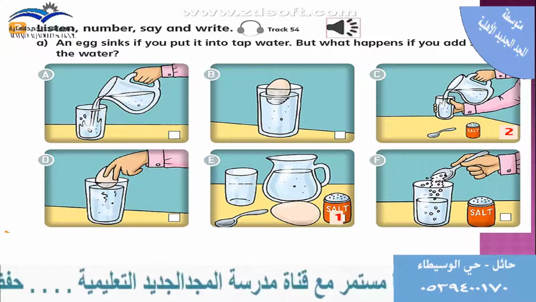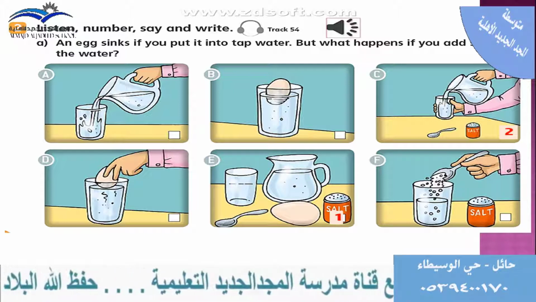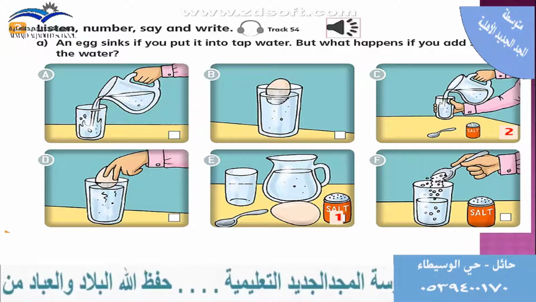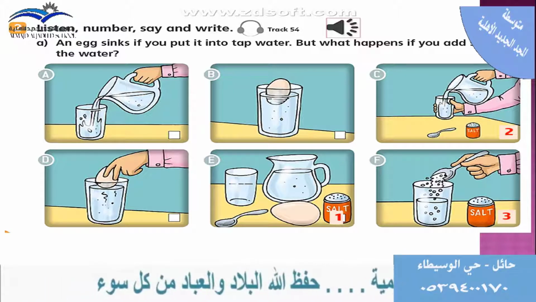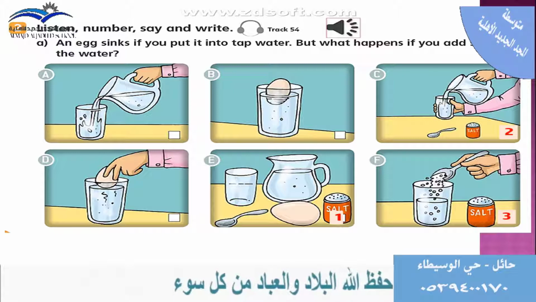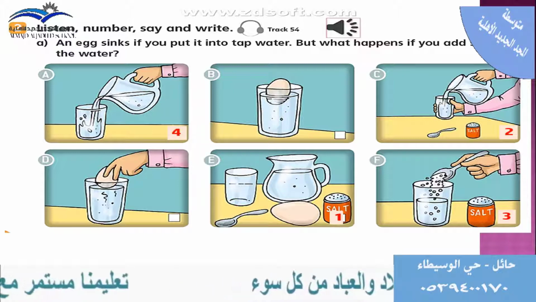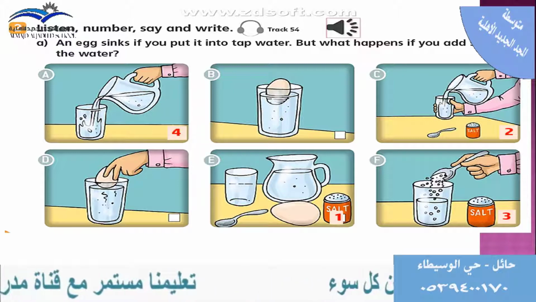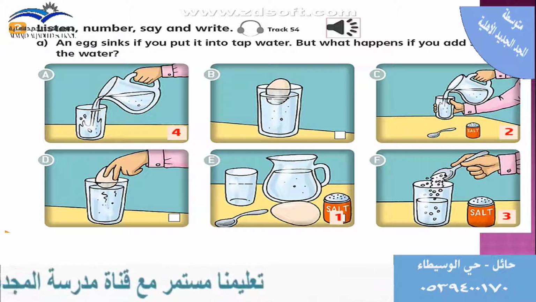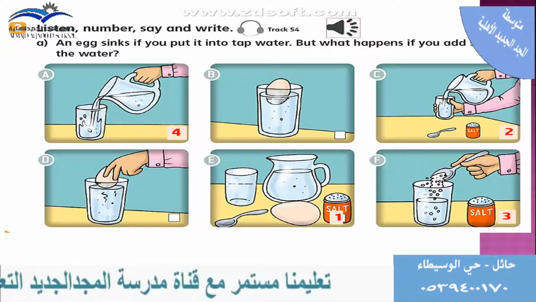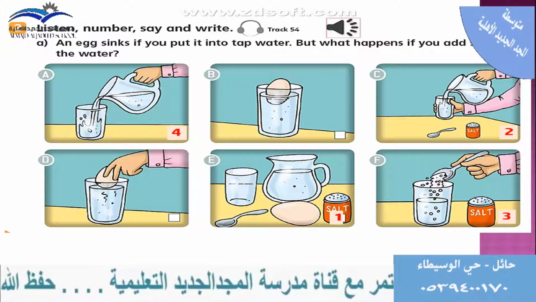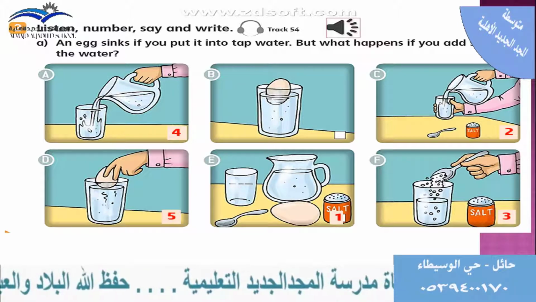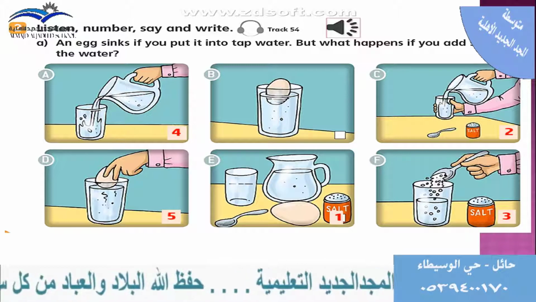Measure 6 spoons of salt and add them to the water. 4. Put more water into the glass slowly and carefully. Don't mix the fresh water and the water with salt in it. 5. Carefully put the egg into the glass of water. 6. Now watch what happens to the egg.